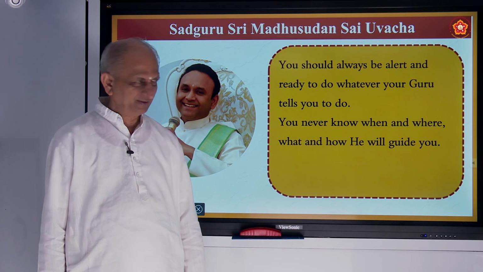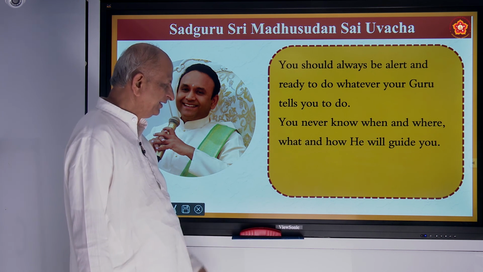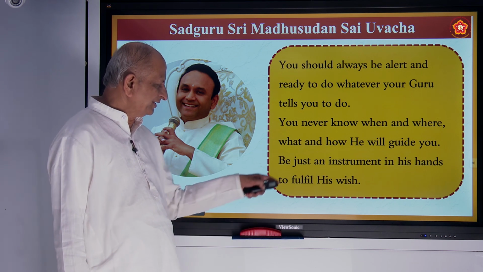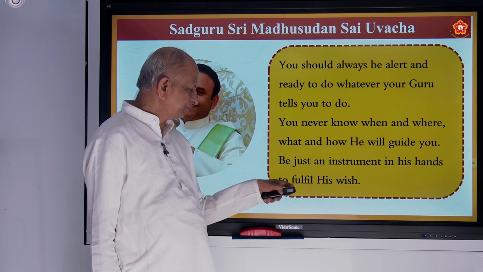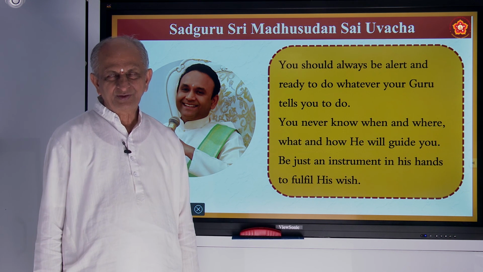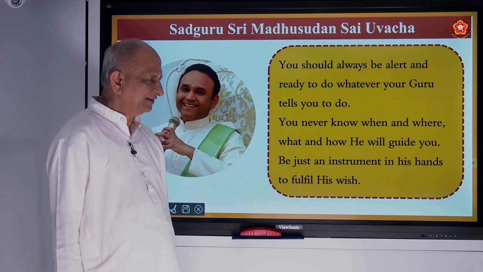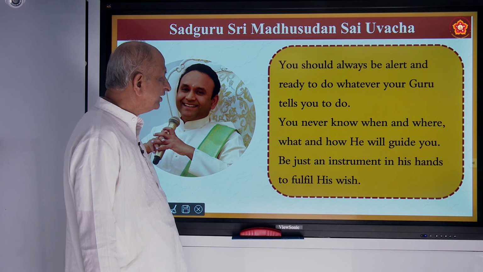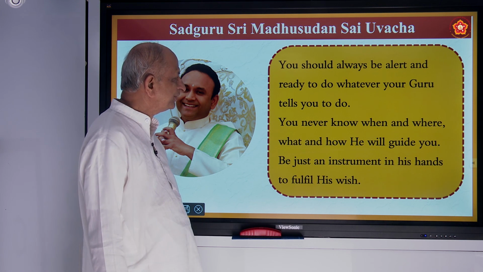Follow whatever he says. Second one is be ready. Whenever the call comes, you must be ready. Be just an instrument in his hands to fulfill his wish. So whatever wishes he had will be fulfilled through you. Okay? This is the message of Sadguru Sri Madhusudan Sai.